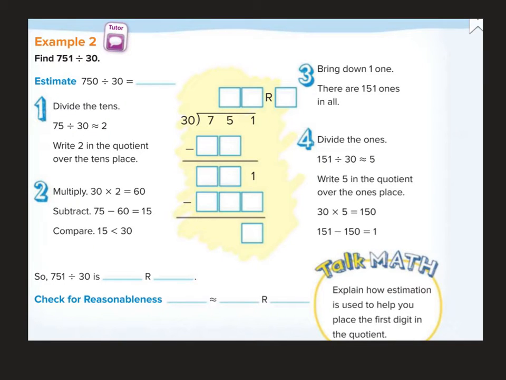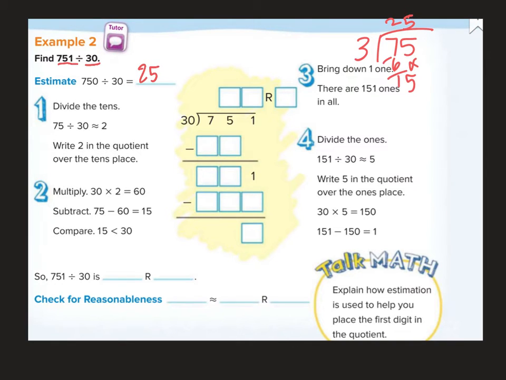Okay, next one. 751 divided by 30. Now this one is going to have a remainder. So if I did 750 divided by 30, well, 75 divided by 30 is about 2, and dividing it out I get 25.